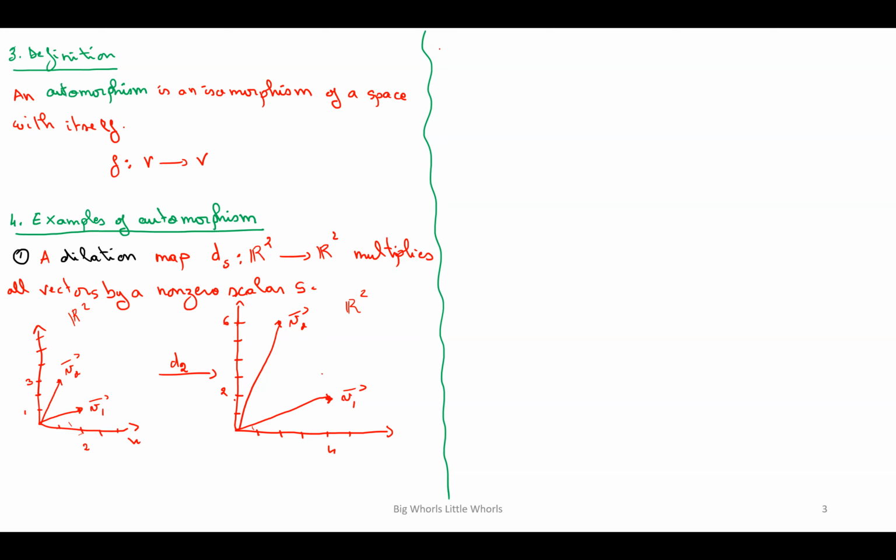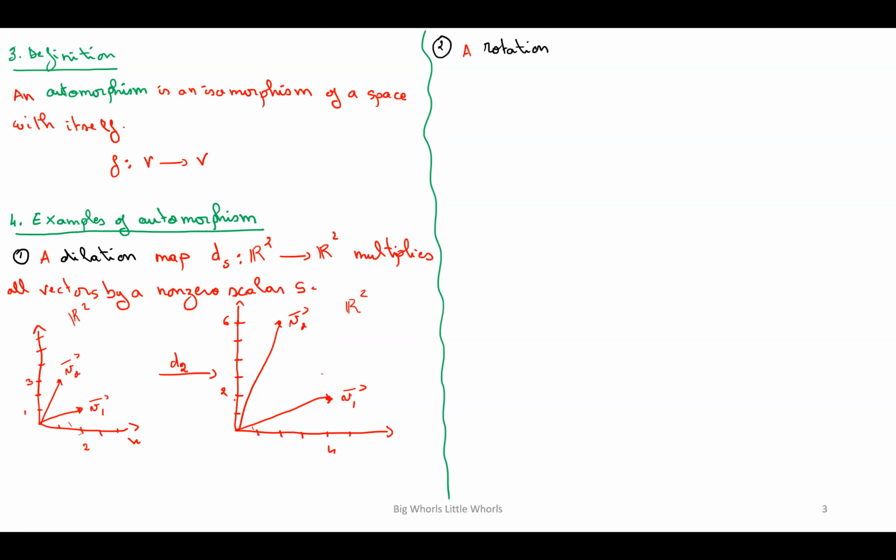Let me give you another example of an automorphism, and then we will stop here. We have a rotation. Rotation is also an automorphism.